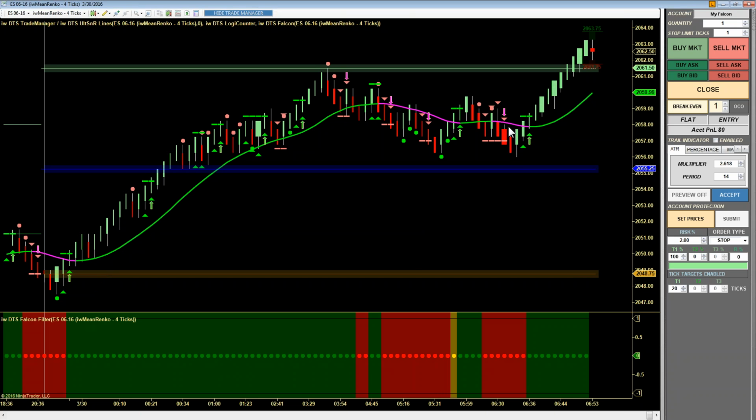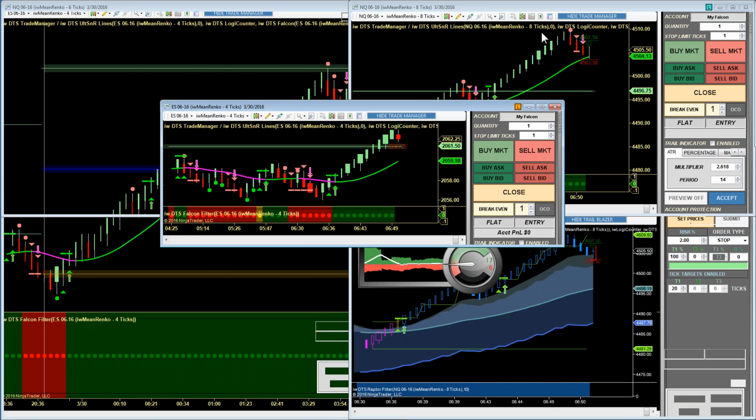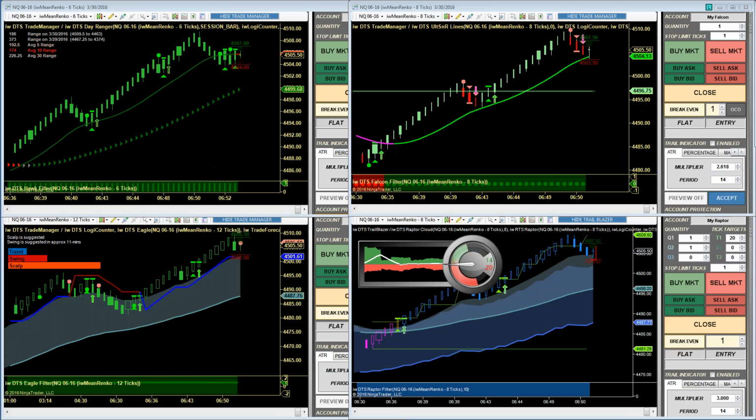And so we've got the up portion. The trend line has changed from red to green. Now we're going to anticipate a down portion, and we're going to look for the market to find some support and come back with a buy signal. So no signal yet on the Falcon, at least not for the E-mini.